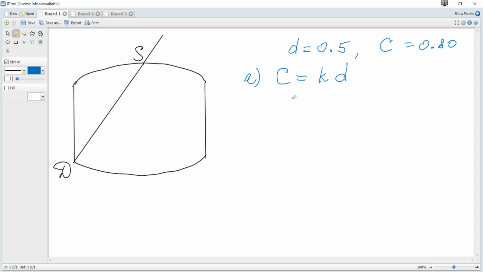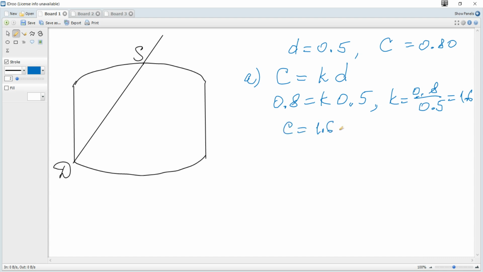If C were inversely proportional to D, the equation would be C is some constant divided by D. This constant can be found by substituting these values for C and D. So 0.8 is K multiplied by 0.5, hence K is 0.8 divided by 0.5, which is 1.6.